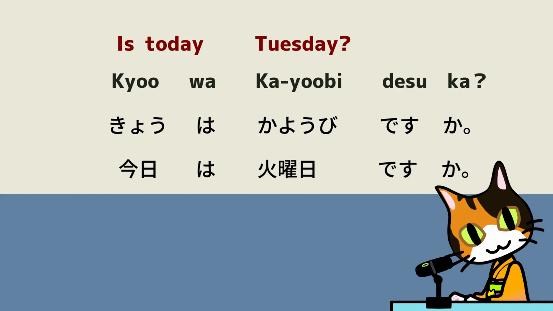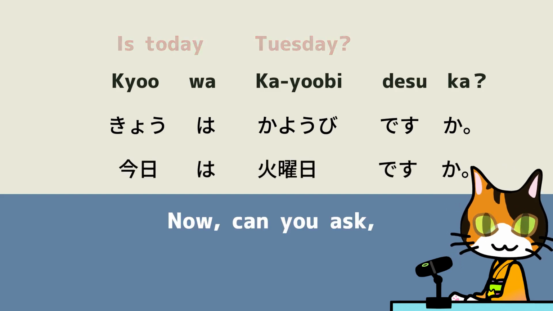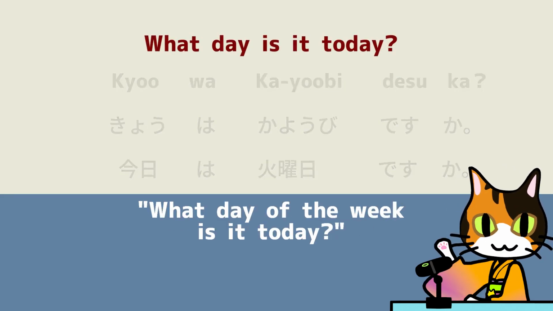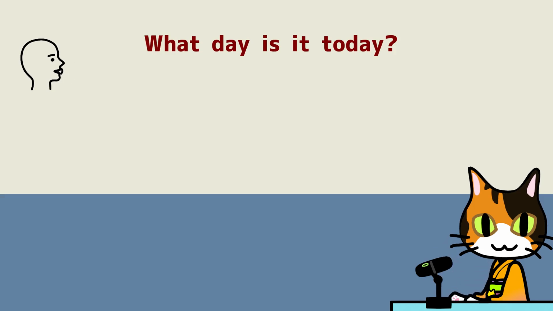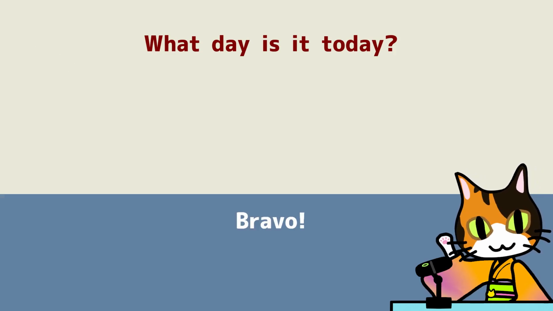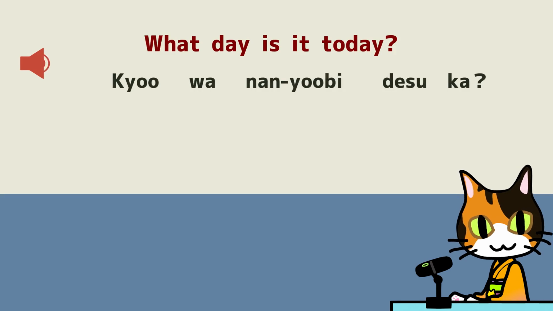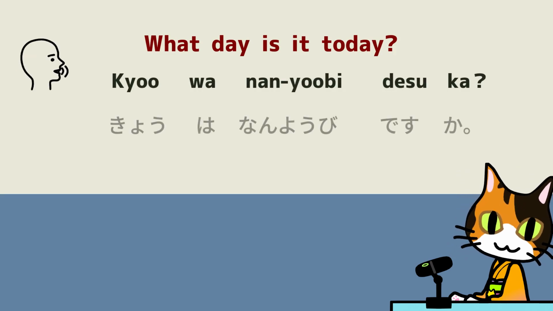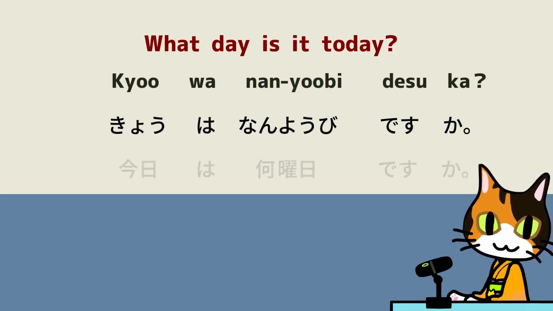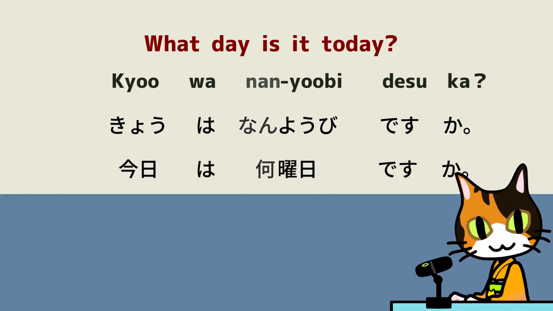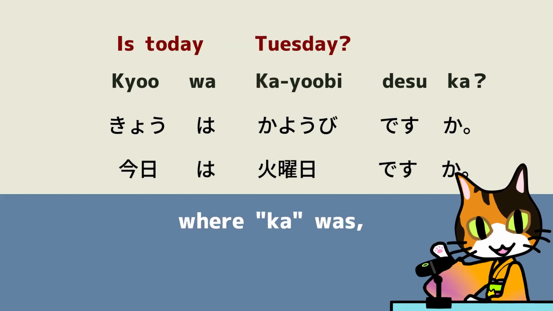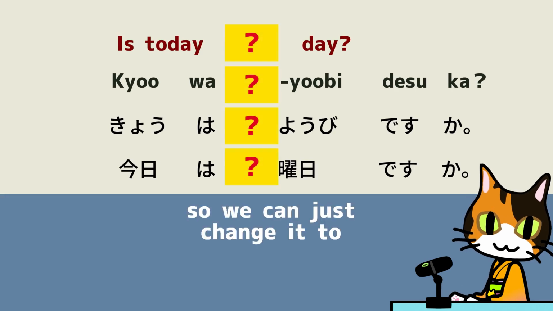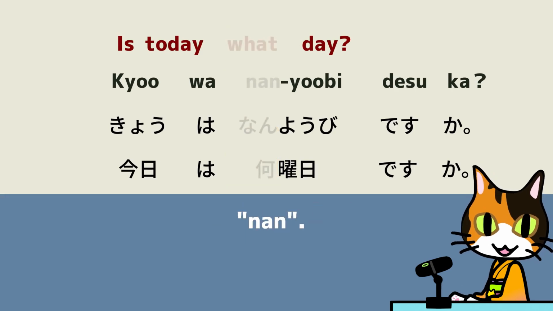Very good. Now, can you ask, what day of the week is it today? Bravo. 今日は何曜日ですか？ Excellent. The unknown part here is where ka was, so we can just change it to nan.